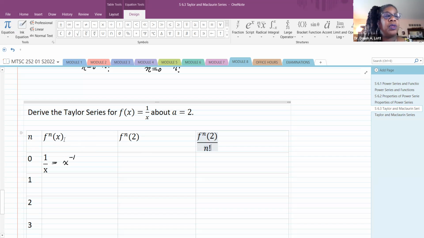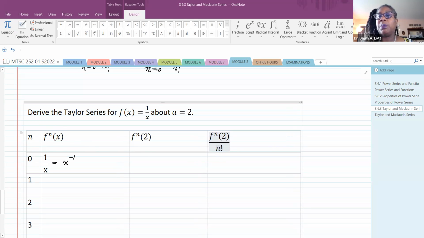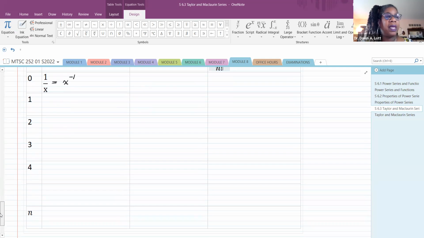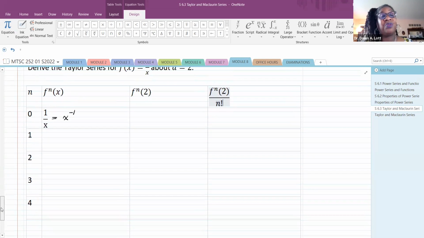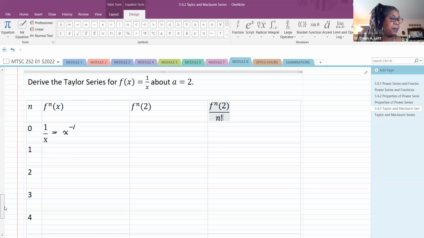I start off needing to find the nth derivative in general. Then I will find the nth derivative at 2, and then I will take that nth derivative at 2, divide it by n factorial, and see if by the time I get down to n, I can figure out a pattern. All right, so what is the first derivative of x to the negative 1?